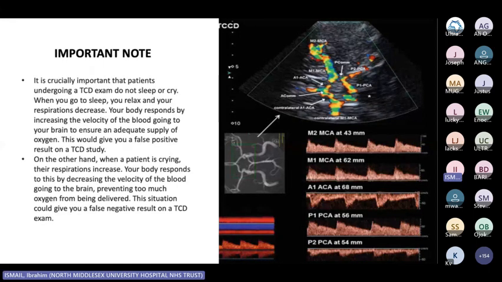This would give you a false positive result on the TCD examination. On the other hand, when a patient is crying, their respiration increases, and your body responds by decreasing the velocity of blood going to the brain, preventing too much oxygen from being delivered. In this situation, it can give you a false negative result on a TCD exam.